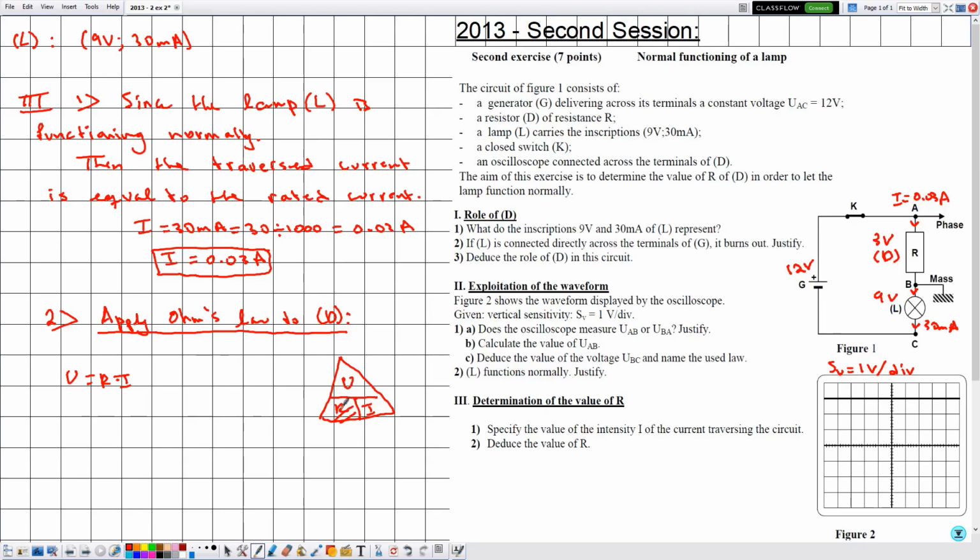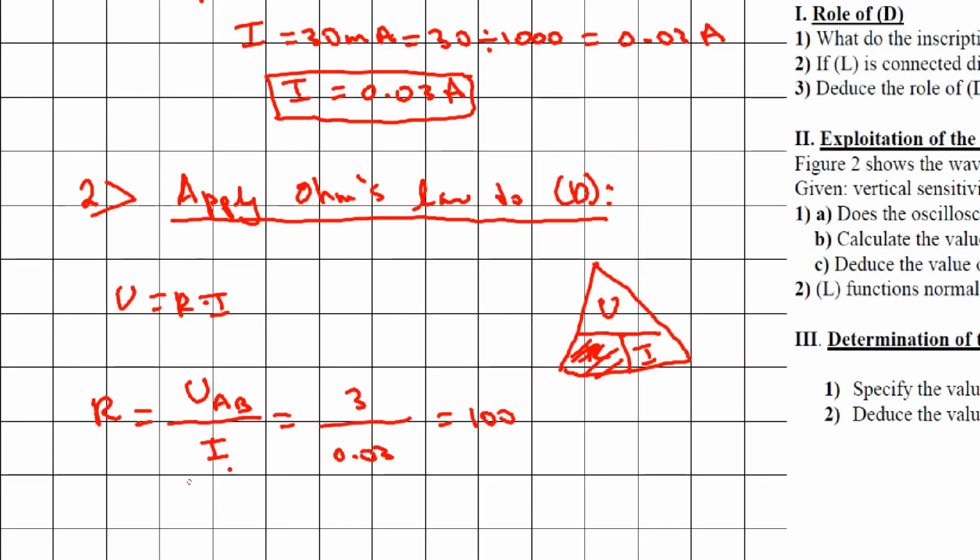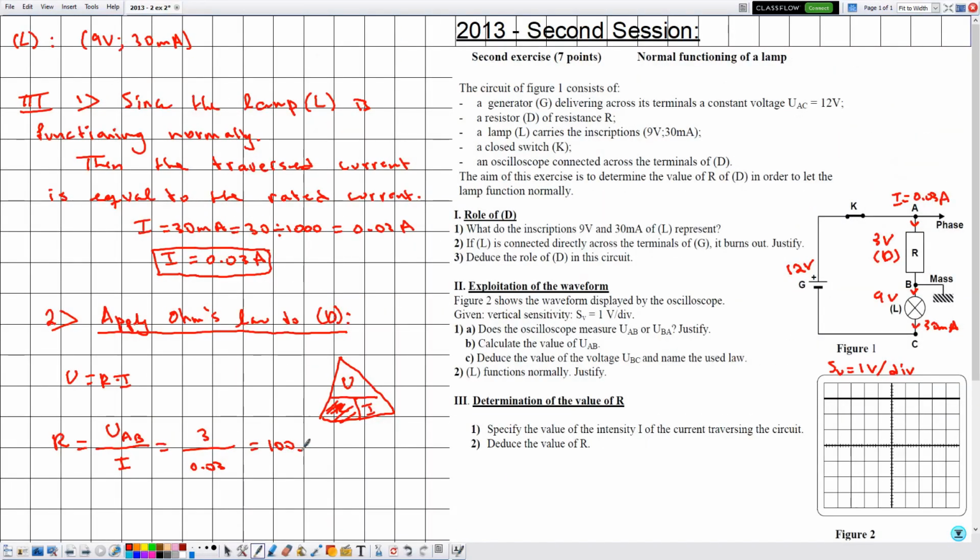We are interested in calculating the value of R. And the applied voltage across the resistor R is given by UAB, having a traversing current given by I. Then 3 divided by 0.03 will give us 100. Now since U is in the SI and I is in the SI, the value of R will be in the SI, which is ohms. Then R is equal to 100 ohms.